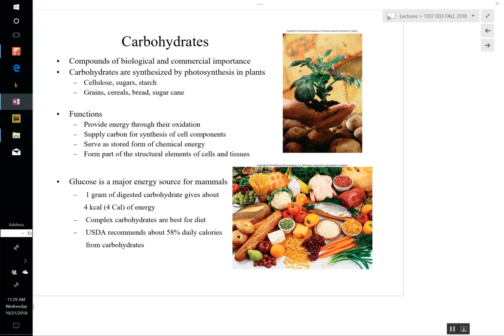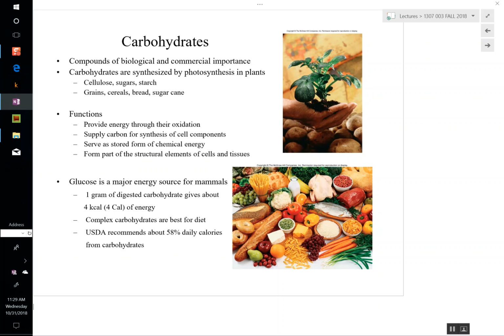Carbohydrates. We use them generally for energy. You get about 4 kilocalories, or 4 nutritional calories, capital C. A capital C is 1,000 little calories. 4 calories of energy per gram of sugar.